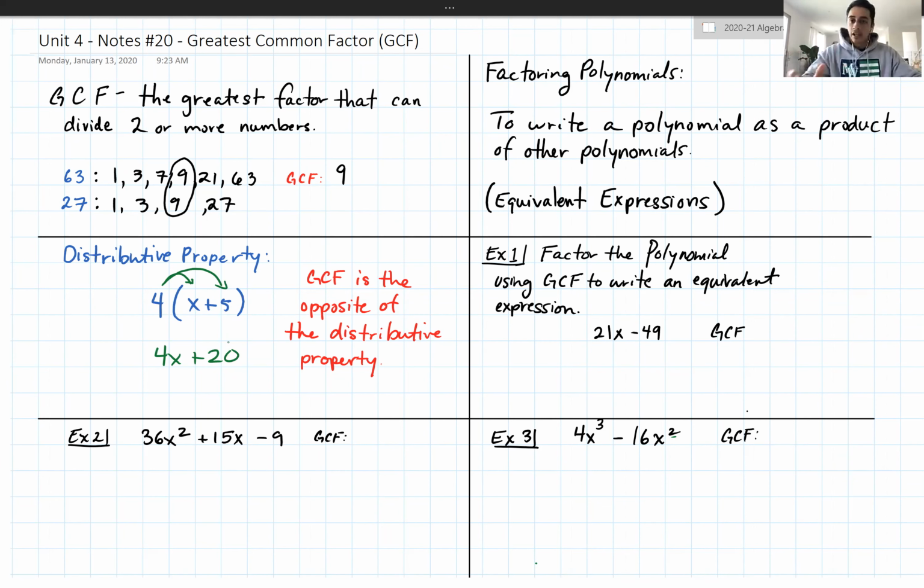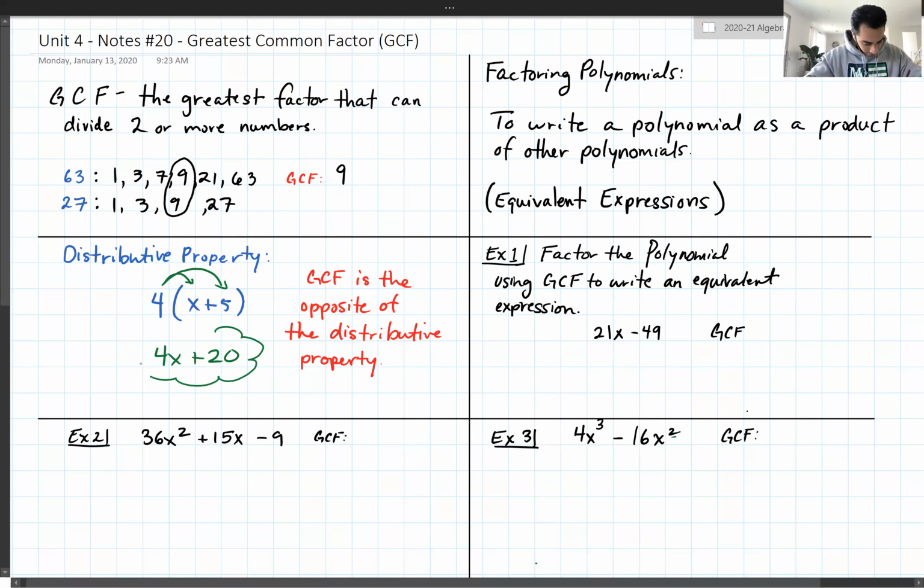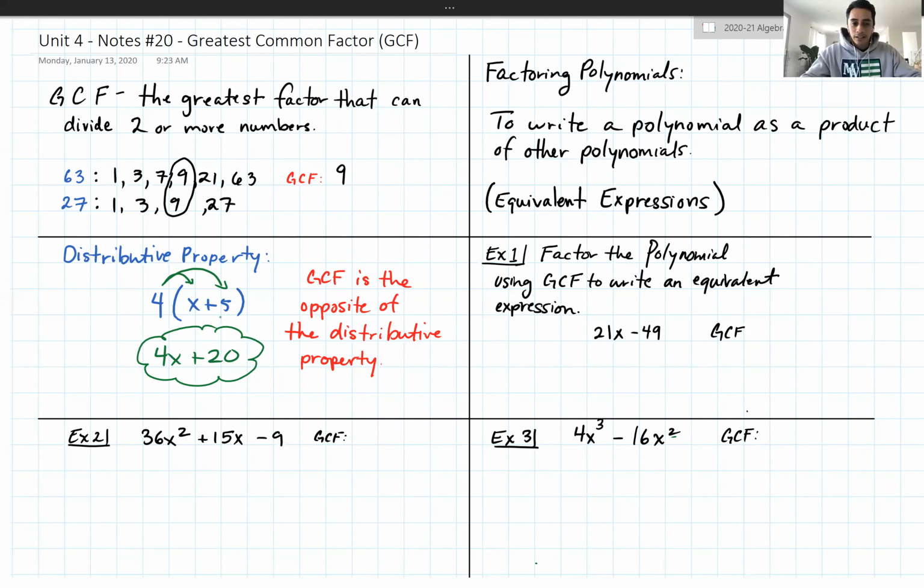Because with GCF, you're looking to see what is the greatest factor that can divide this expression, right? What number could divide both 4 and 20? Now, what is the largest one? And you would arrive that the GCF would be 4, right?